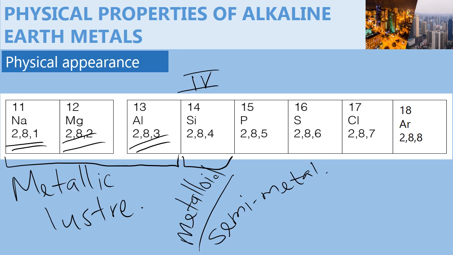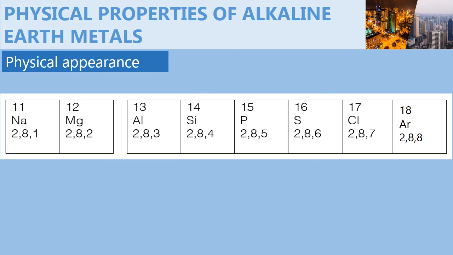This is because it lies on the border between the non-metals on this side and the metals on this side. So it is a semi-metal. It's sort of a transition. It contains both metallic and non-metallic characteristics. Silicon is also shiny and looks more like a metal.